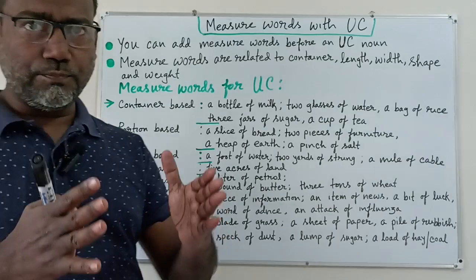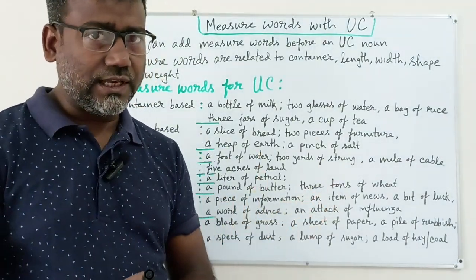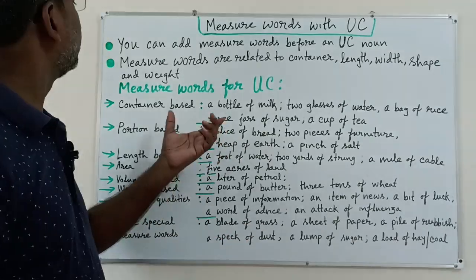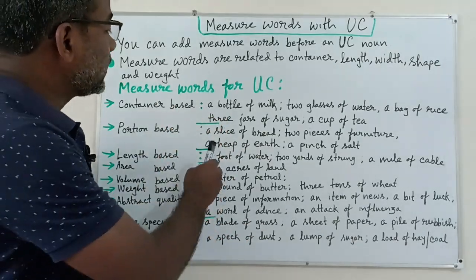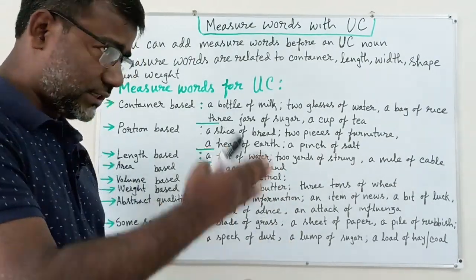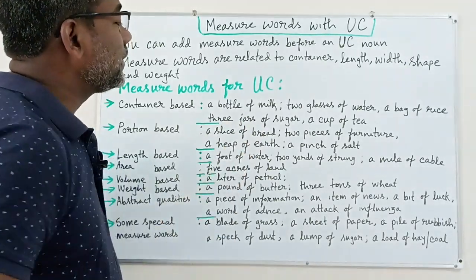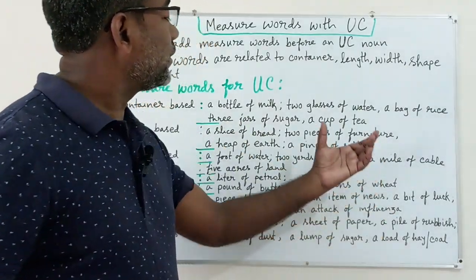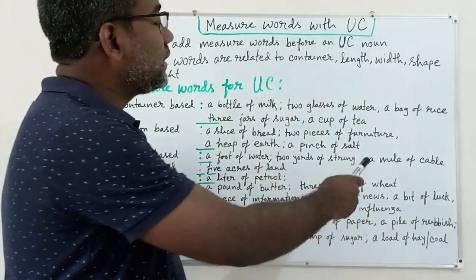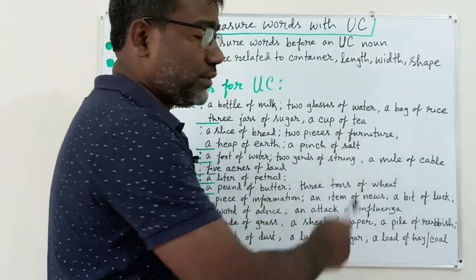Portion based. A portion is not the whole thing, it is part of the thing, and that is used to make a measure word. A slice of bread, not the whole bread, it is a slice. We slice the bread and take a piece, that is a slice of bread. 2 pieces of furniture. Here is an important thing. Many people make mistakes with furniture.